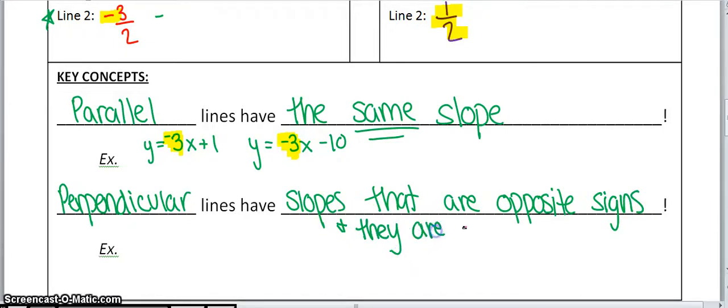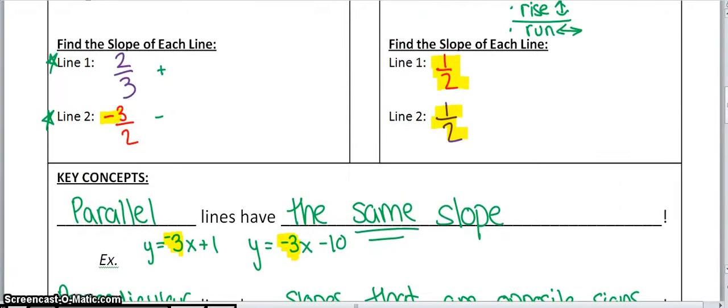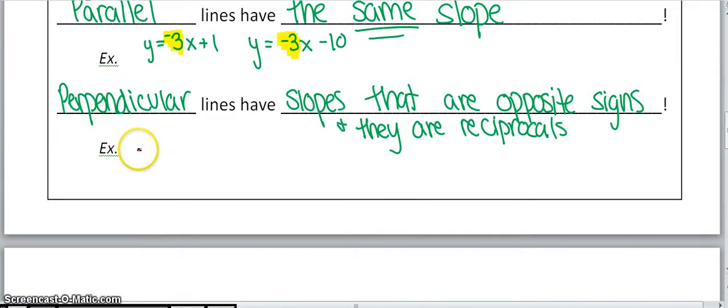That's a big math word there. Reciprocals. Reciprocal means that they're flipped. So if I took this and I switched them around, I would have this slope. Examples of opposite reciprocals would be, and I'm not going to write the equation of the line, I'm just going to write m because m represents slope.